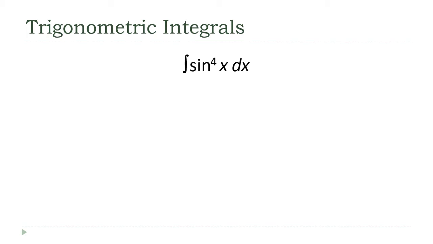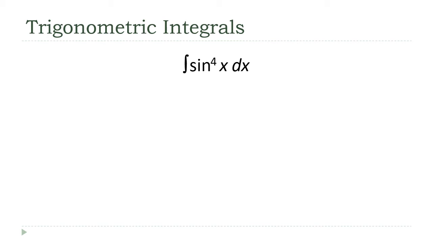All right, so how about this one? Sine to the fourth dx. Well, you see, this one is a little different, because it's an even power, so I don't have that sine that I can peel off to be the u substitution part, like I did on the previous example. I am, however, going to do something very similar here.